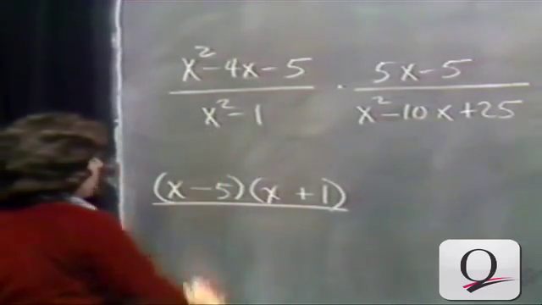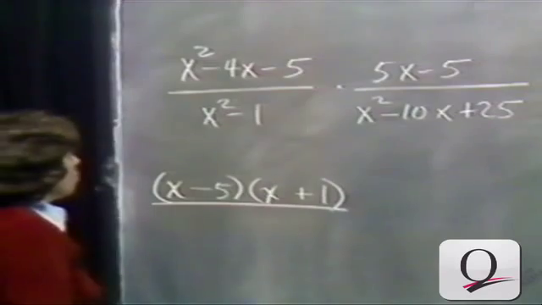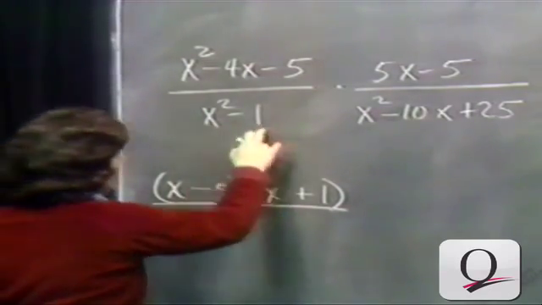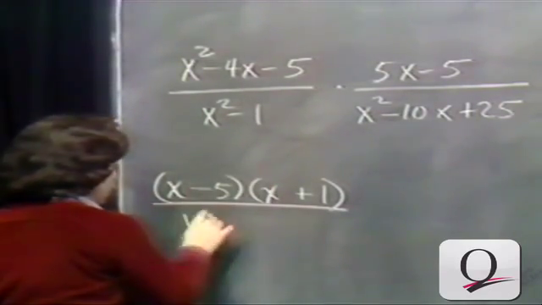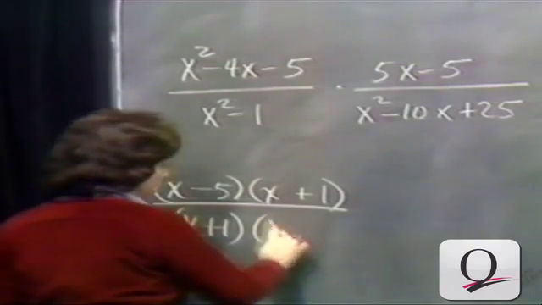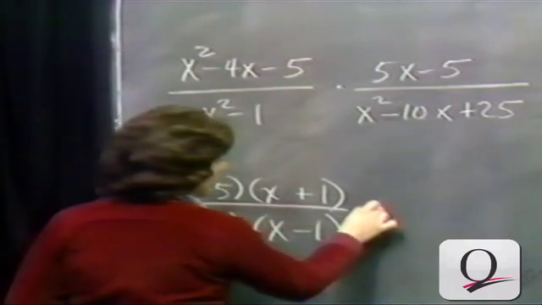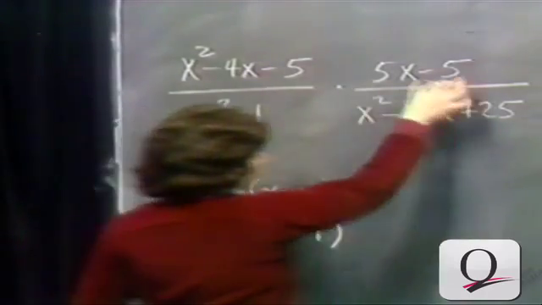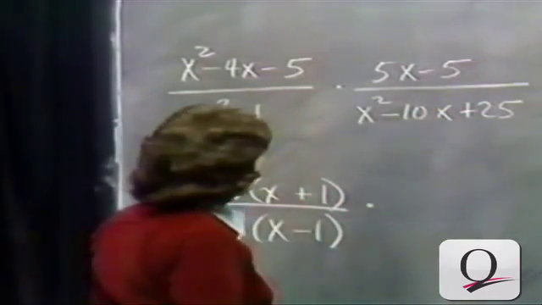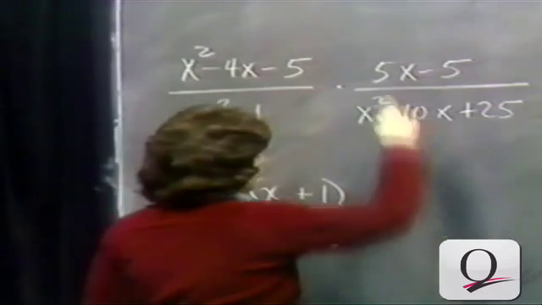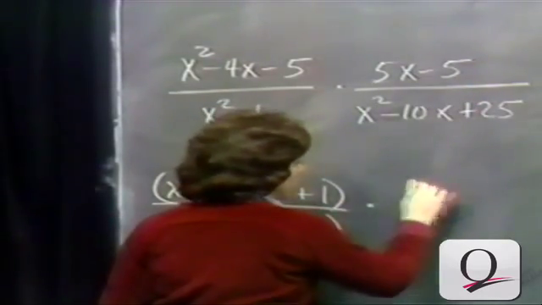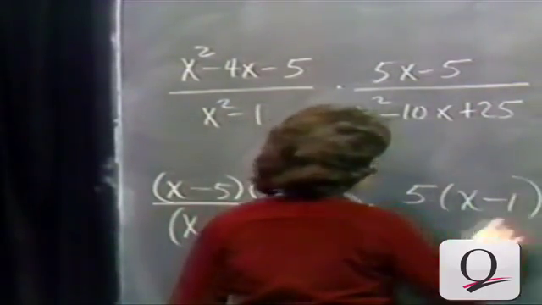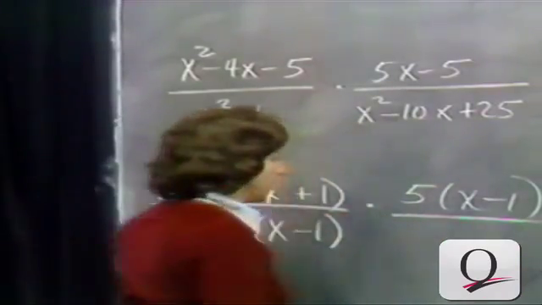Okay, x squared minus 1 is easy to factor because that's the difference of two squares. We can make that x plus 1 times x minus 1. Okay, 5x minus 5. We notice in this particular polynomial these two terms have 5 in common. We can pull out a 5, leaving us with 5 times x minus 1 in parentheses.